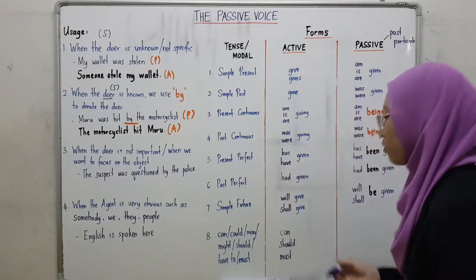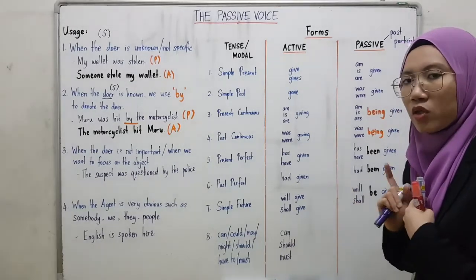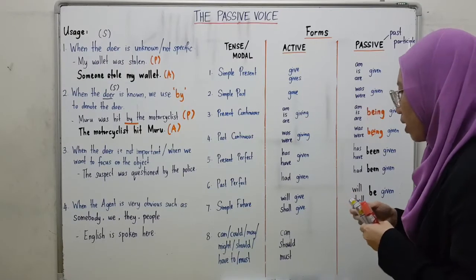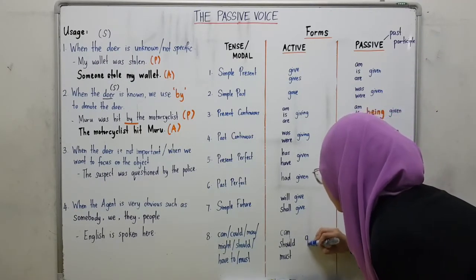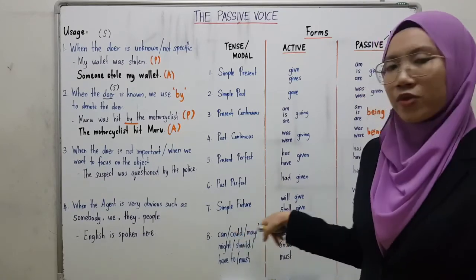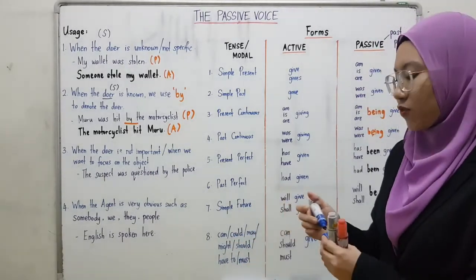The verb after the modal verb must be in base form, meaning no suffix at the end. Can give, should give, must give, could give, may give, have to give, has to give.